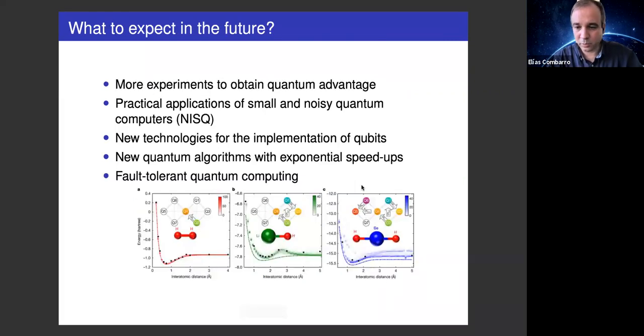And just to wrap up, what do I expect from quantum computing in the future?